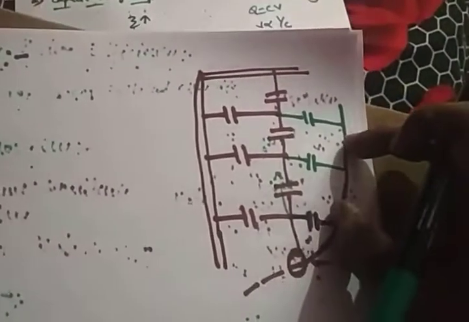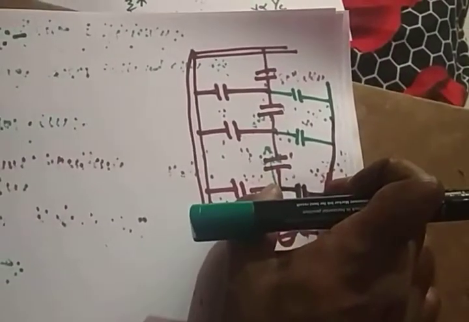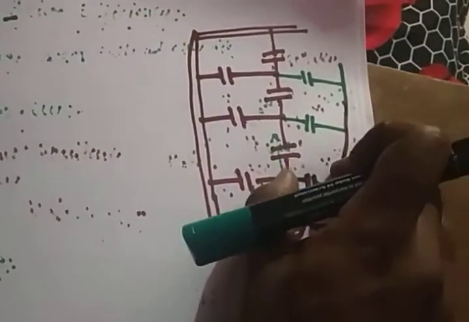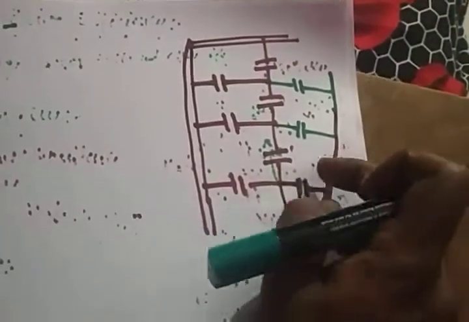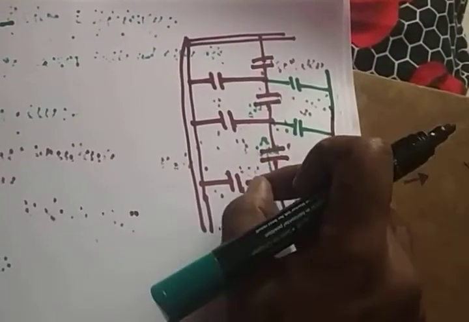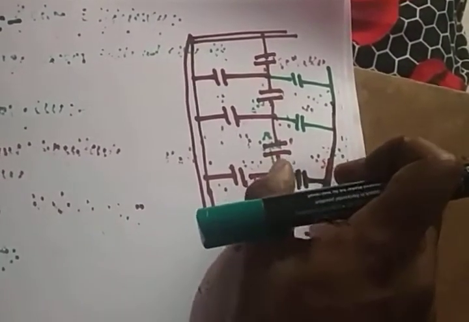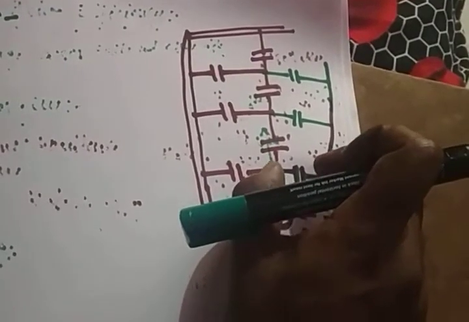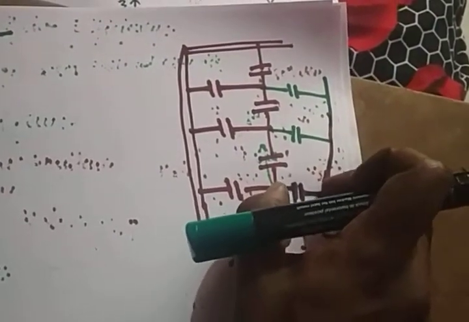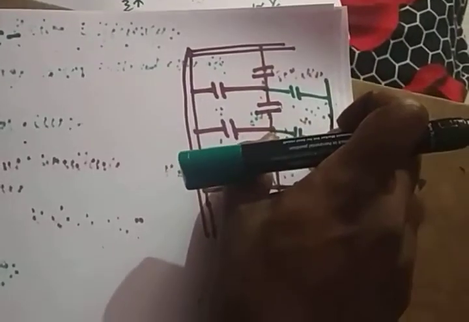While you are providing these types of rings, a capacitance will exist between these two, because air is the medium between two metal conductors, one metal and another metal. So between two metals, with air as the dielectric medium, the capacitance will exist.